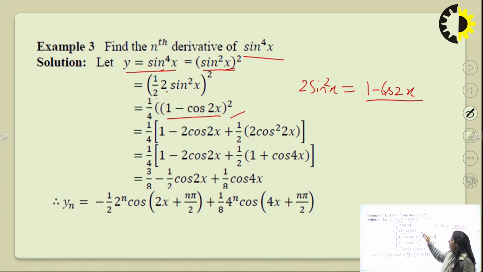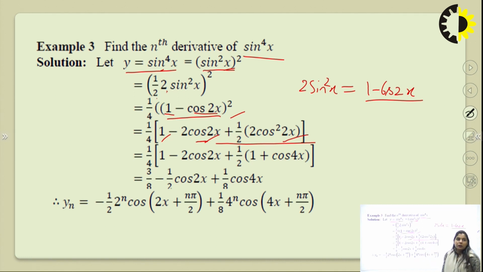Now we will open this whole square and apply (a minus b) whole square is equal to a square plus b square minus 2ab. Now a is 1 and b is cos 2x. So we will get these terms, and now this is in standard form and this is also in standard form, but this is not.